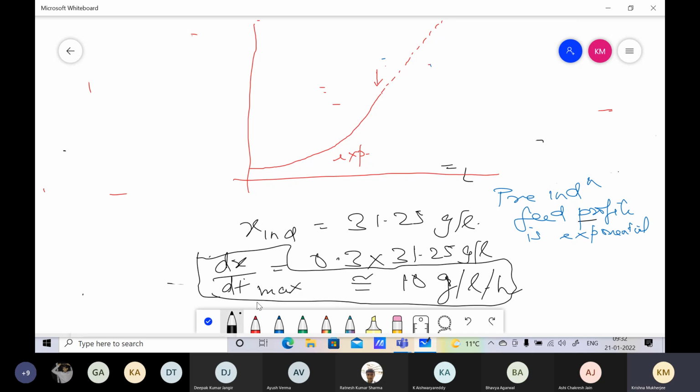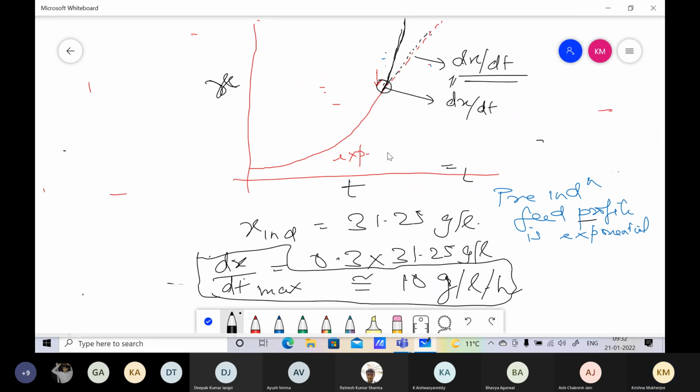Notice that if it were exponential, it would have gone like this, and the slope would have kept on increasing. At this point, the slope becomes a constant. So this is linear, this is exponential. This dx by dt, this is x, this is t, is equal to the dx by dt here.